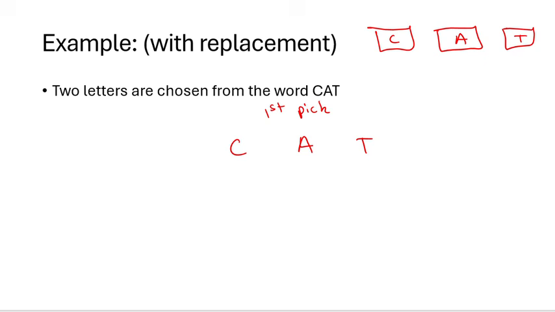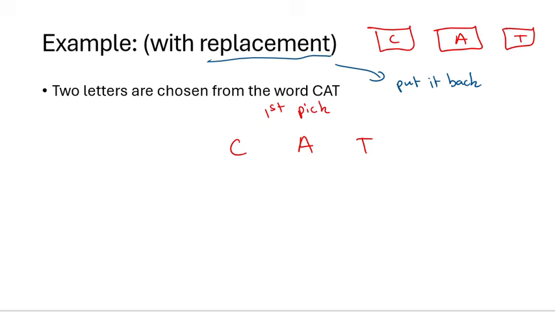Now, when it comes to with replacement, you can actually put the card back. So in this case, let's say you pick up the letter C. I record it, and then I can put the letter C back in the pile. The total number of cards is still three. It hasn't reduced.